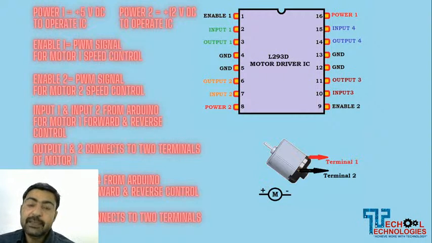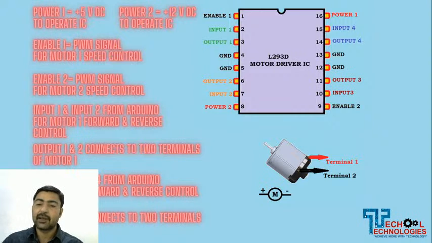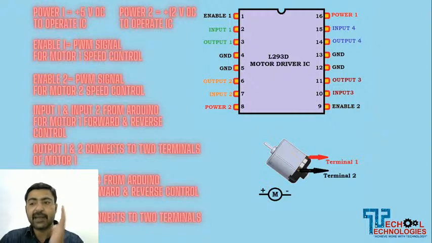Although there is a 5 volt pin and a ground pin on the Arduino, we still cannot power devices directly from it, because it does not have that much power or current capacity.